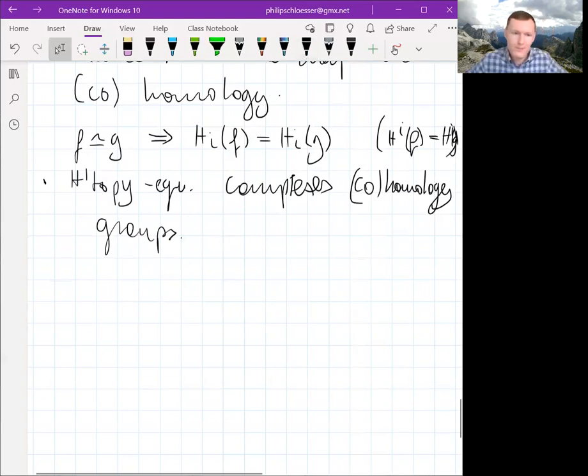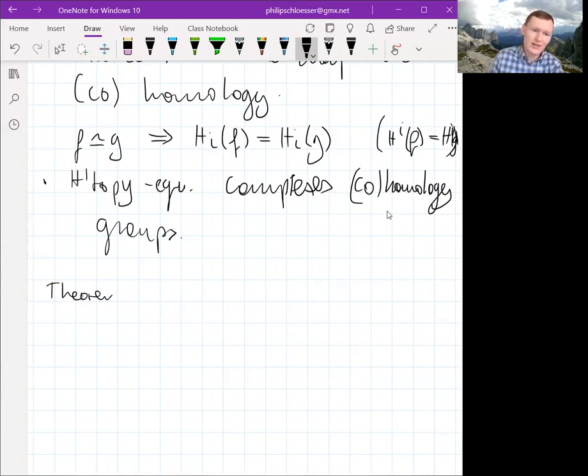And lastly, there's one very important tool when you're dealing with chain complexes or cochain complexes, and that one comes in the form of theorem/definition, which is always the best kind of heading. We have a short exact sequence of chain complexes.